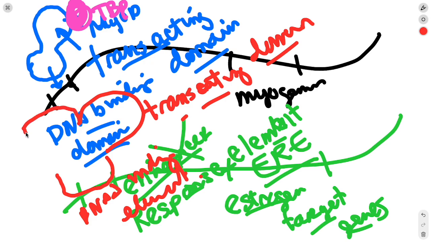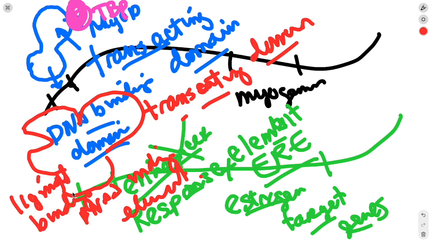So this has to have a domain that's called the ligand binding domain. That's where the estrogen hormone binds. So that's estrogen.